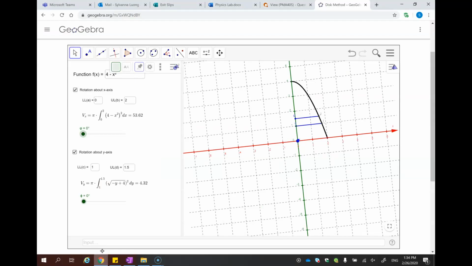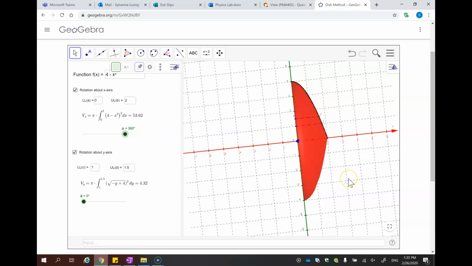So here is y equals 4 minus x squared, and this is what our graph looks like if we just focus on the xy plane. Now, if I want to revolve all the way around, this is what our full solid is going to look like, so I can calculate the volume.